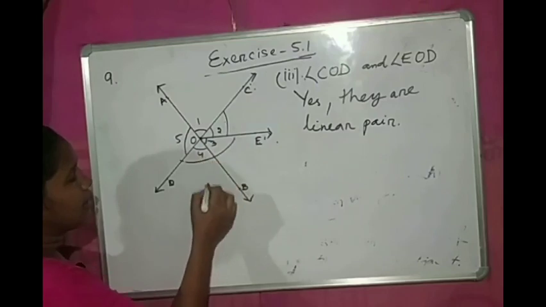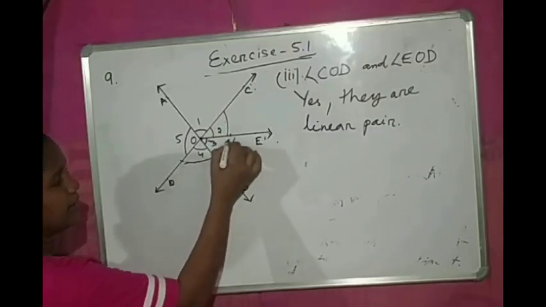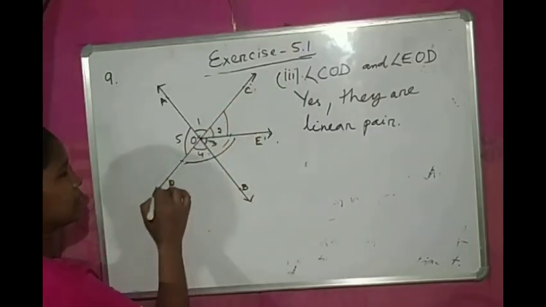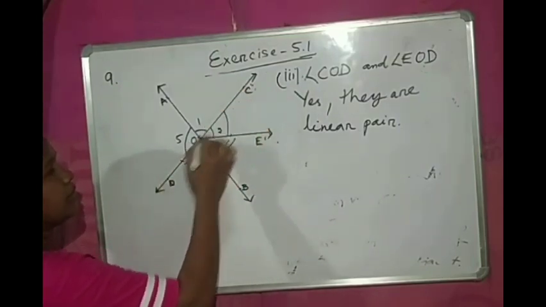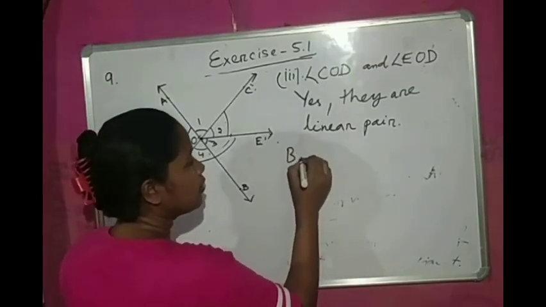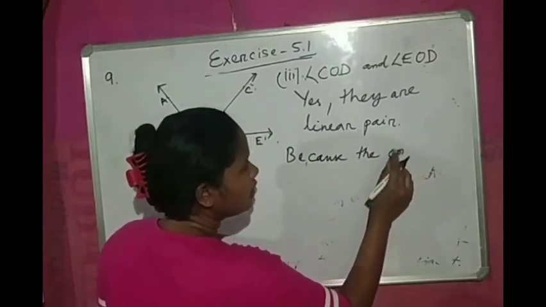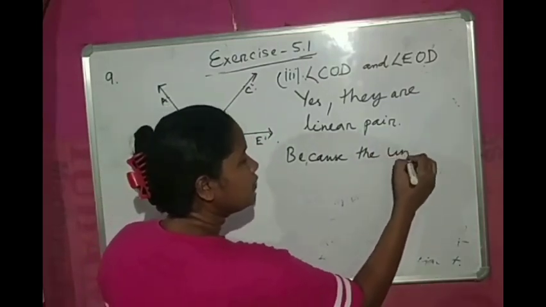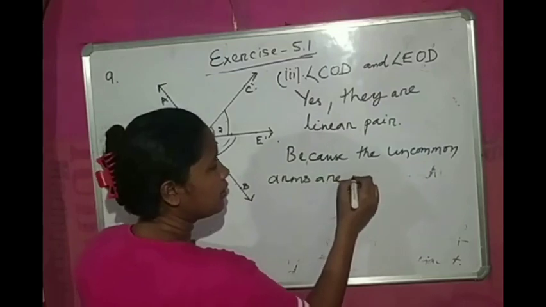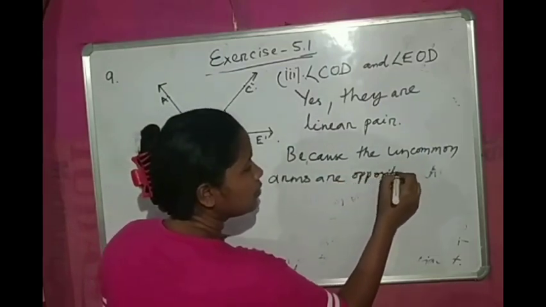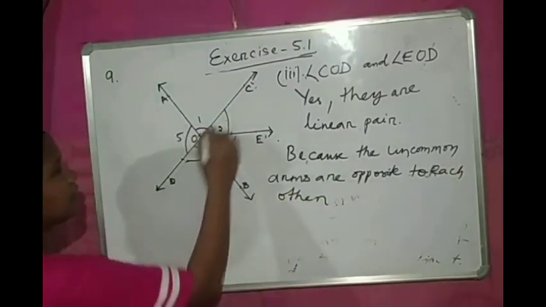Because these two angles are adjacent angles and their uncommon arms are opposite to each other, forming a line.